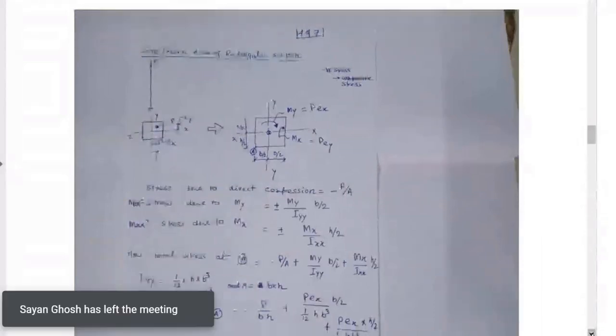Again, we will calculate the total stress at point A. At point A, it will be minus P by A plus My divided by Iyy multiplied by B by 2 plus Mx divided by Ixx multiplied by H by 2.